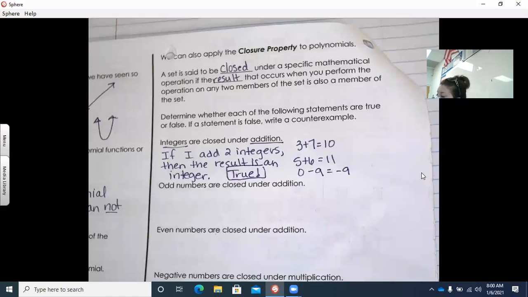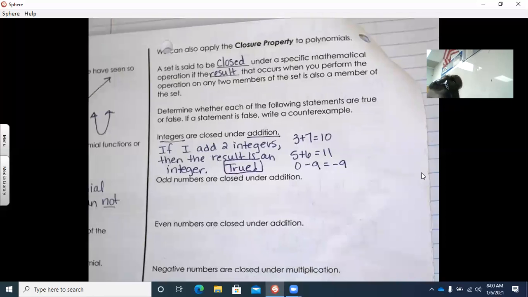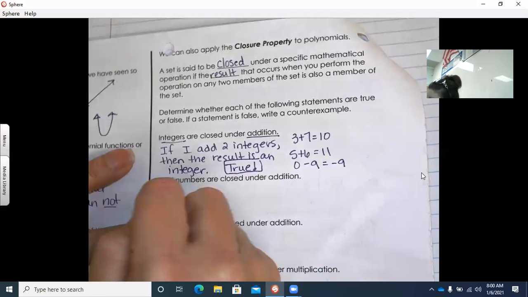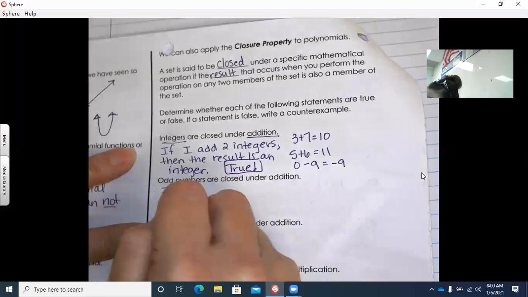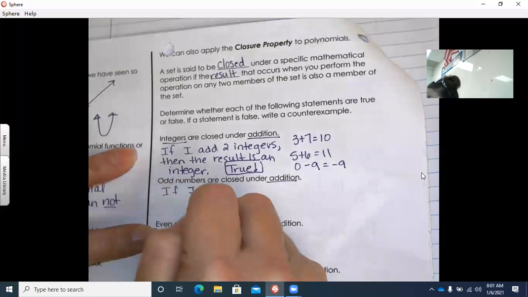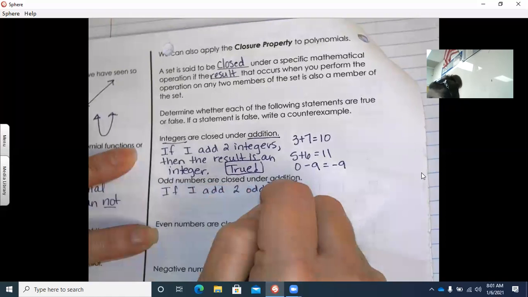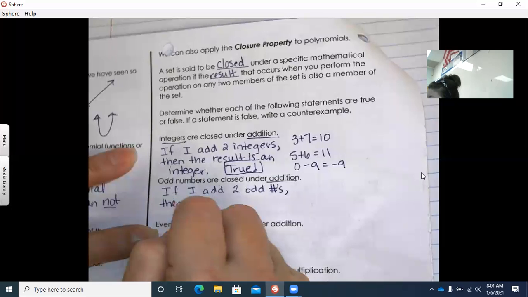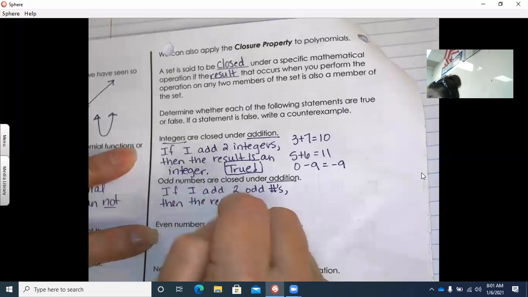Odd numbers are closed under addition. So what that means is, it's talking about addition, so if I add two odd numbers, then the result will be an odd number.